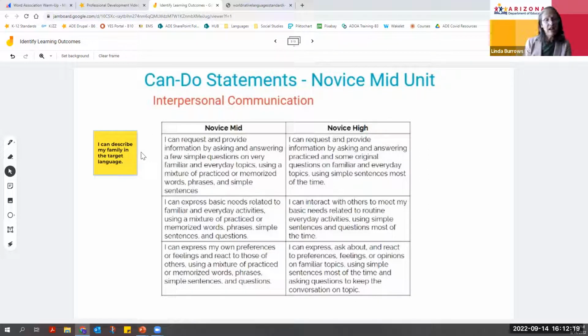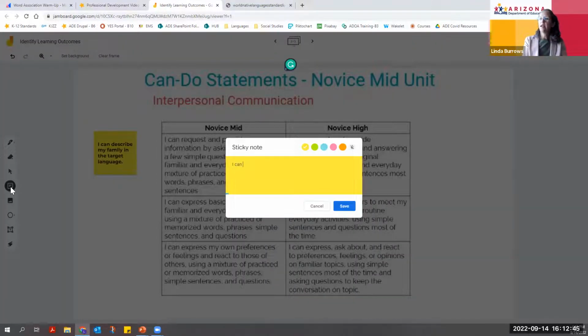So think, if you want to use family, if you want to use any unit, take a moment to practice writing an I can statement for novice mid, and then also writing what can be an I can statement for the next level up, high. So maybe a high one could be, I can explain how my family is similar to a family in blank.